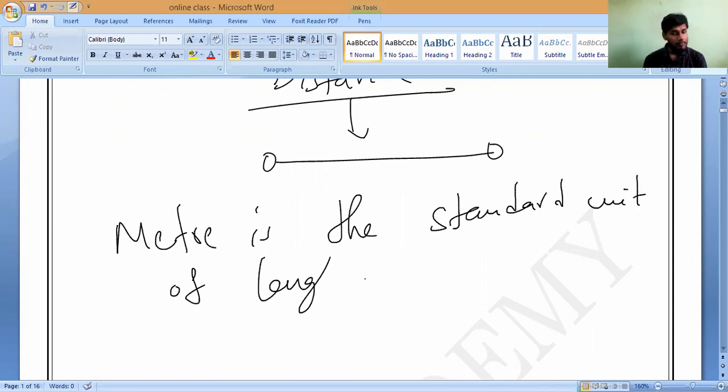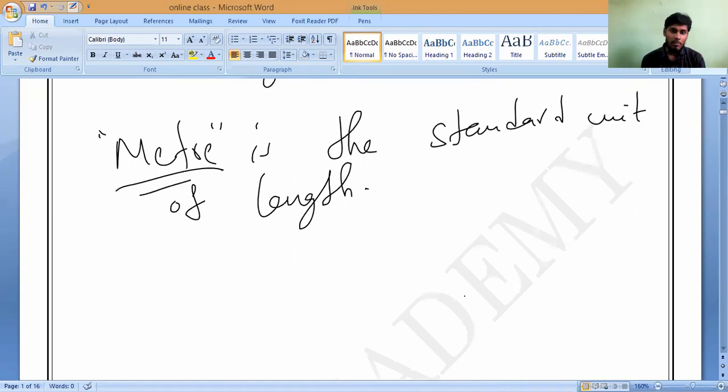Is it yes or no? Suppose I give you some cloth. If you measure it in India, in America, in Pudukkottai or Chennai, anywhere, the length of that cloth will always be the same if you are measuring with a meter scale. Is it yes or no?